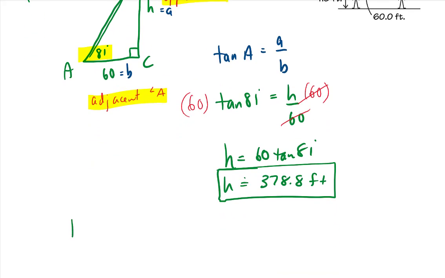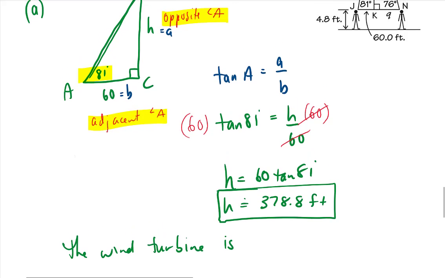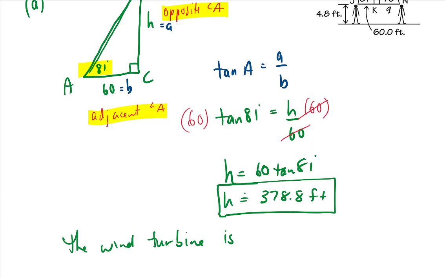So therefore, for the wind turbine, we're going to take 378.8, we're going to add 4.8 to that, and that's going to give us 383.6 feet tall. So the wind turbine is 383.6 feet tall. Remember, we just added 4.8 feet to our calculation.